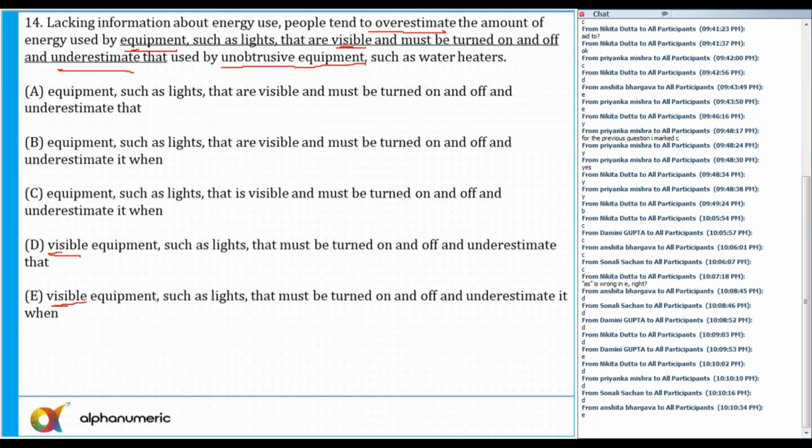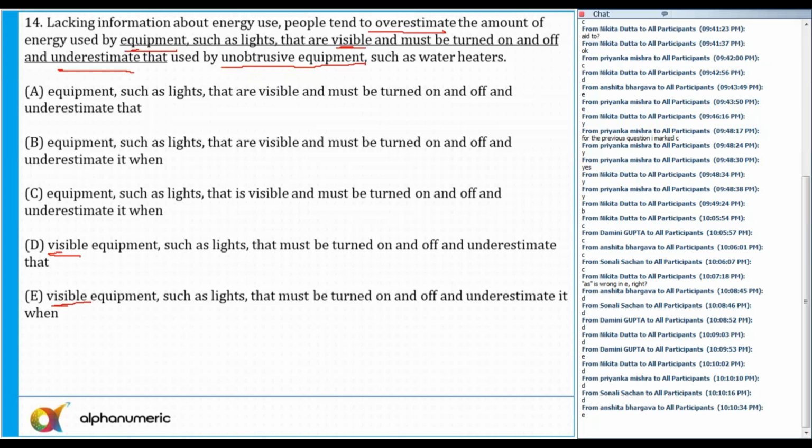Our answer is either going to be D or E, because I'm comparing two kinds of equipment. They have to be in the same form. They have to be parallel. One is unobtrusive equipment, so the other also has to be some kind of equipment, and that equipment is visible. So I think he should have used the energy used by visible equipment, such as lights, that must be turned on and off, and we underestimate the energy used by unobtrusive equipment, such as heaters.